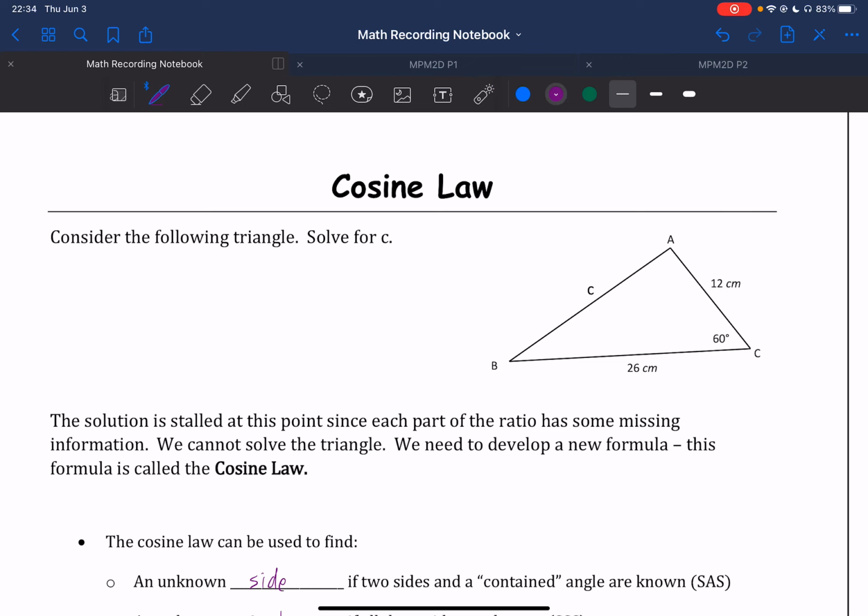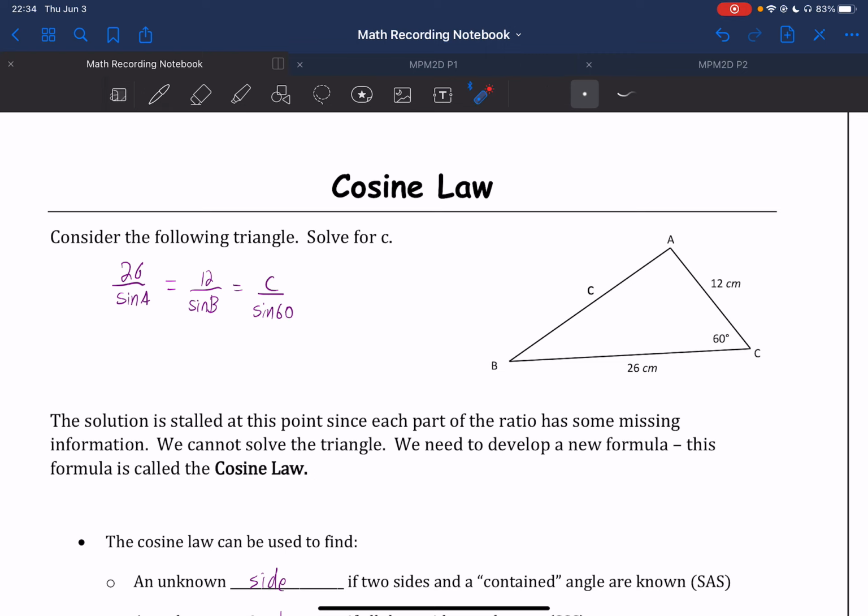What I'm going to do is write out all the parts of sine law with all three ratios being seen. So we get 26 over sine A, we get 12 over sine B, and we get C over sine 60.